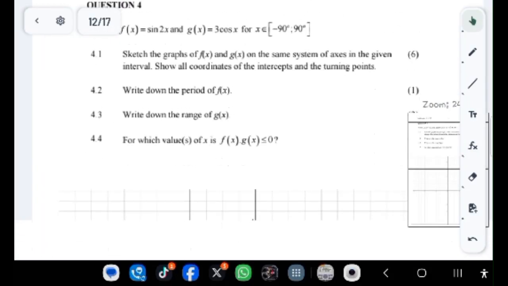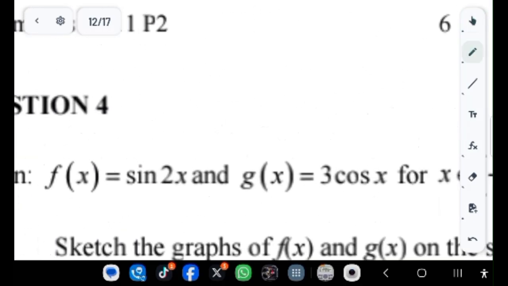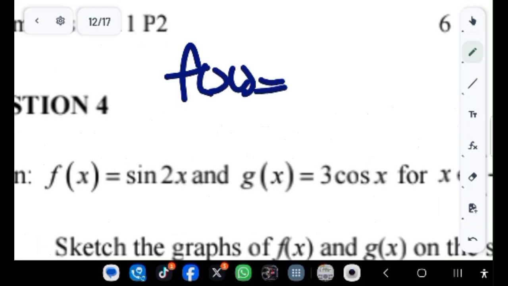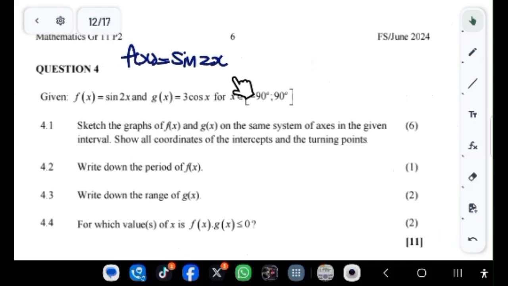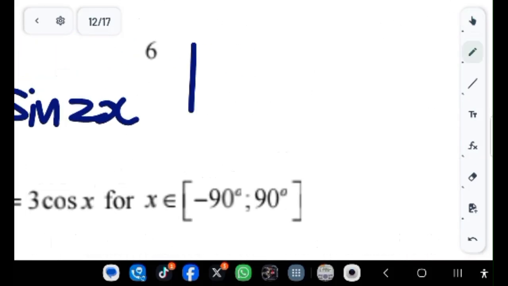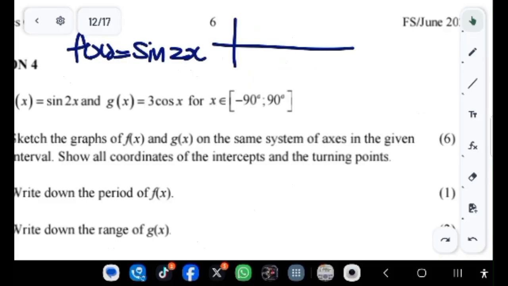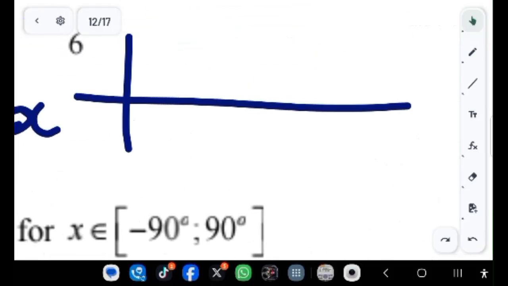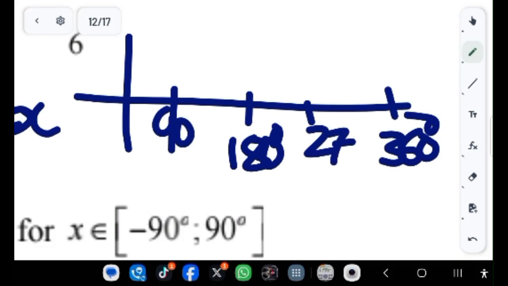f of x equals sine 2x. That means in a period of 360 degrees, you're going to have 2 full complete cycles. So 360, 90, 270.